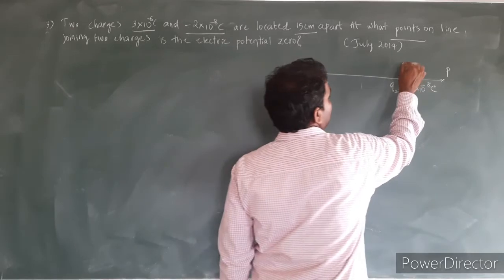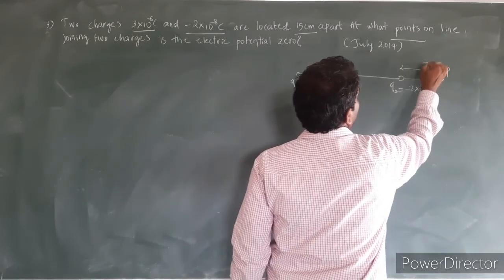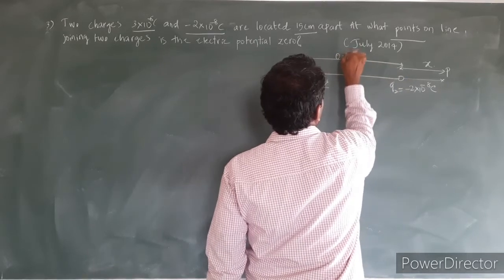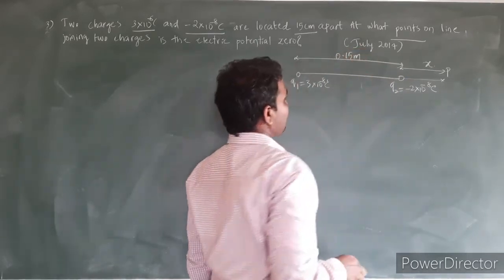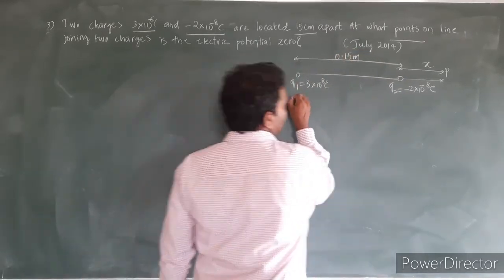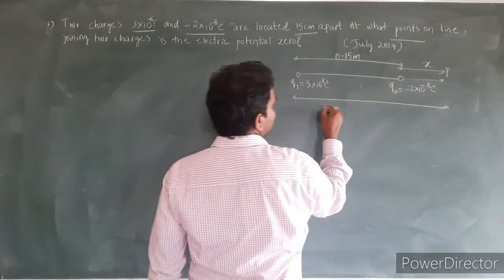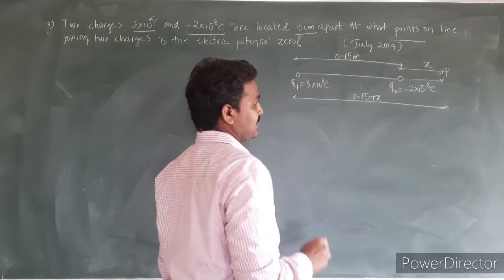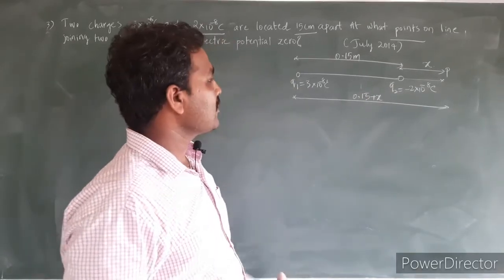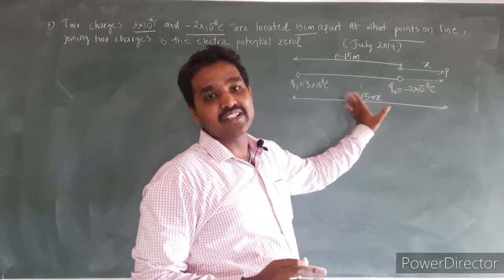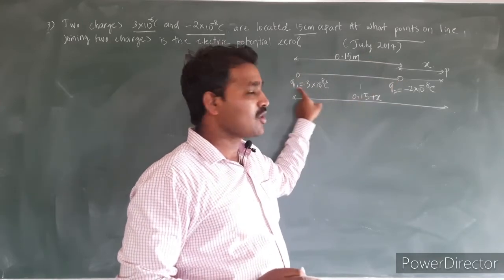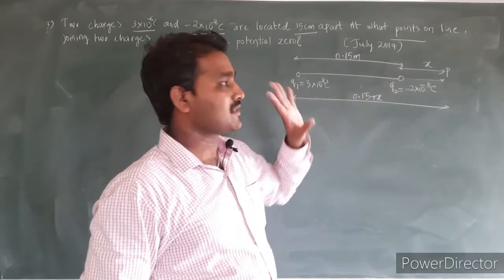I don't know what the distance is, let me write this as x, and this distance is given to be 0.15 meters. So the distance of the point P from the first charge is 0.15 plus x. These potential values change only because of these distances, because the charges are the same.